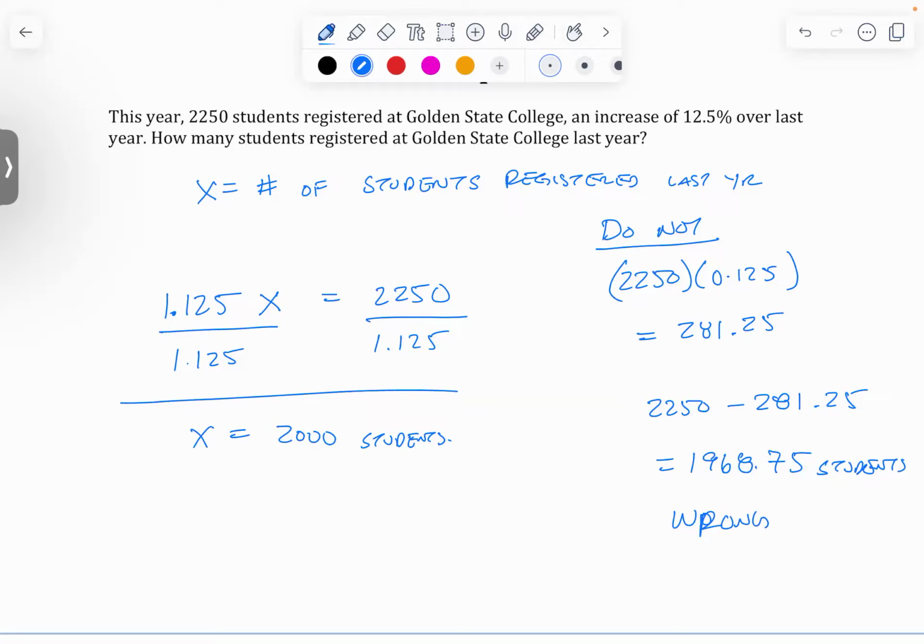You cannot do increase and decrease by just subtracting that percentage off. It's super important that you remember that an increase was over 100%, which is why we have this in the calculation. It is 1.125. So you can't just do it this alternate way. I really want to show people what not to do because I see this often and it's a flaw in logic on multiple levels.